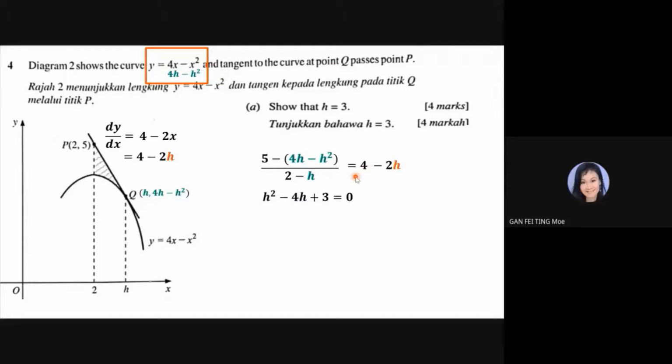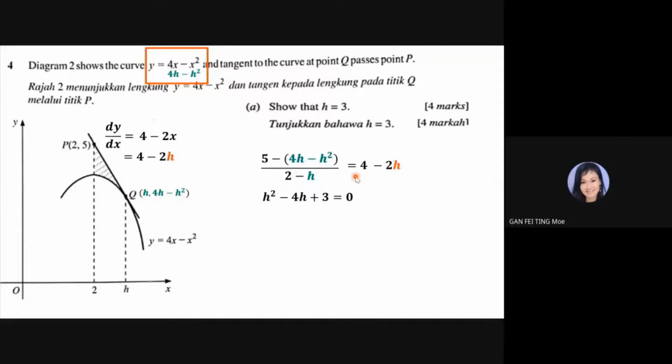You will get a quadratic equation. Okay, what is the value of h that you get? Any answer? I'm still waiting. No one is doing. Okay, 1, or yes, very good.